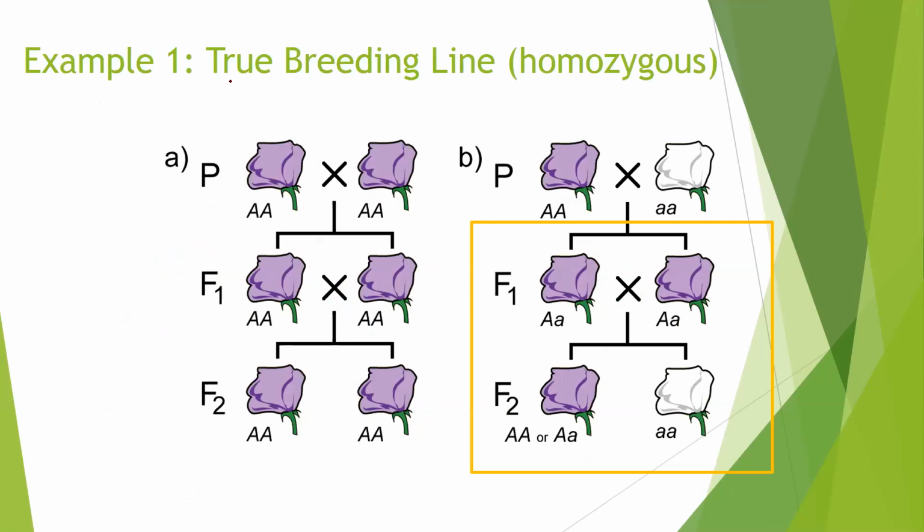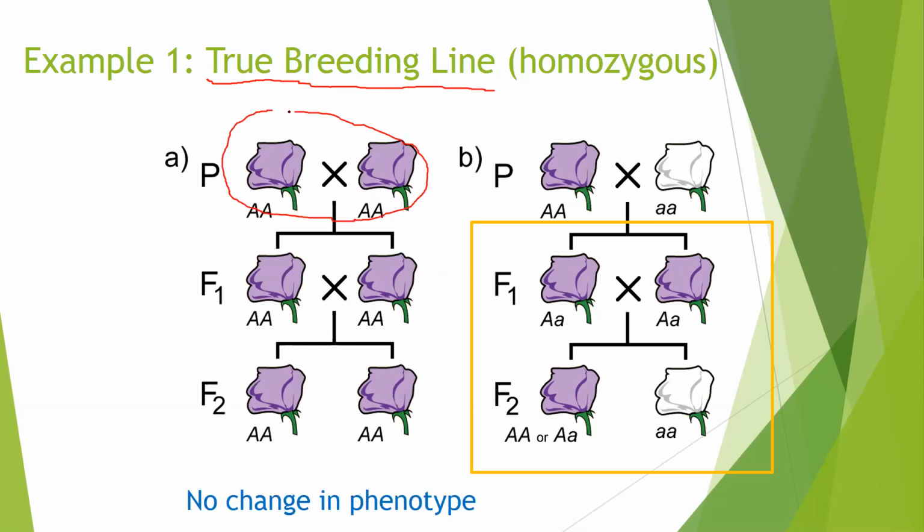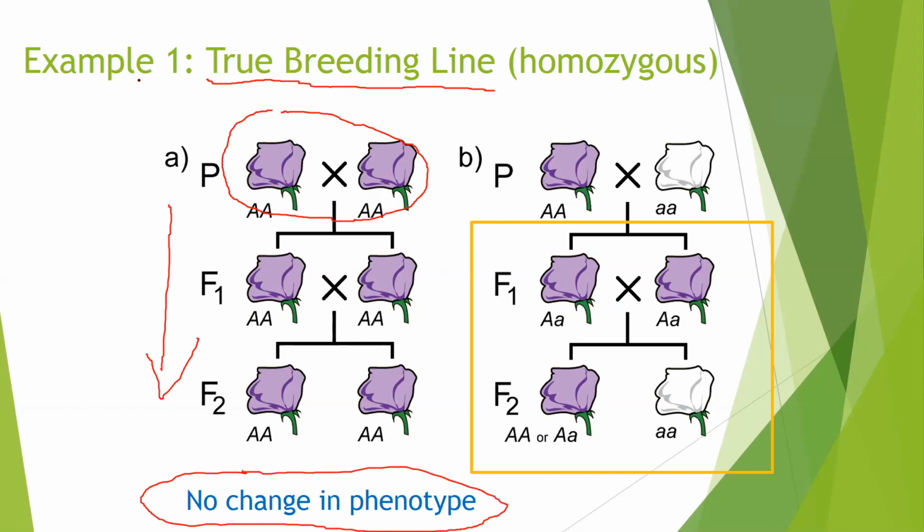Another important definition is the true breeding line. The true breeding line means if you cross this line, you will always see one phenotype. You will not see phenotype segregation, no change in the phenotype. So we call this a true breeding line. Otherwise, it is not.